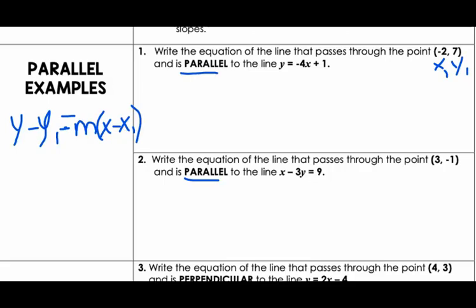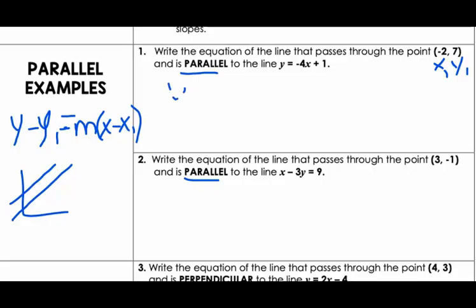And the reason why we're going to do this is it needs to have different y-intercepts. Remember, parallel lines go like this. So they're going to have different y-intercepts, but should have similar slopes. All right, so we're going to do this part.